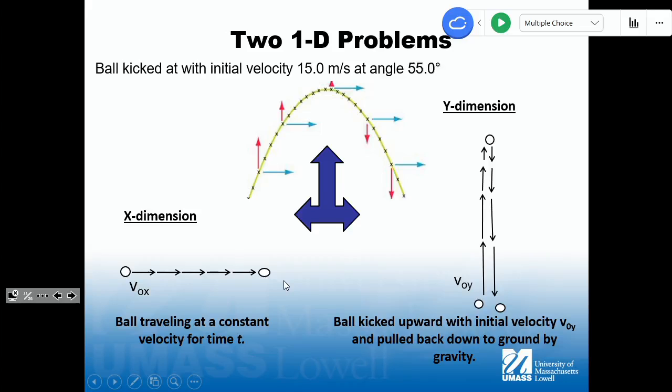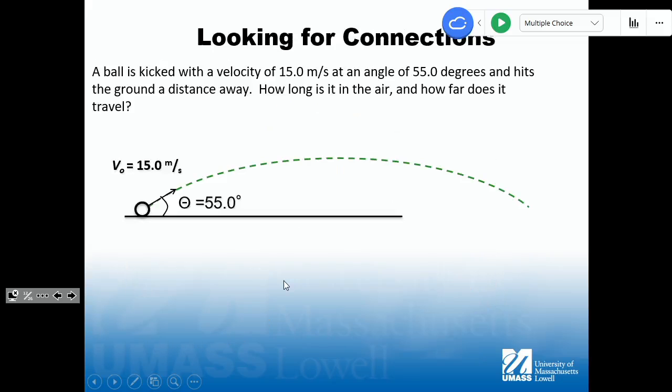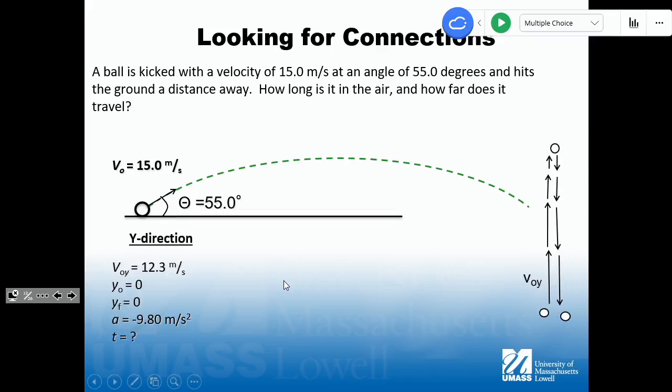And now you make a table of quantities that you know and quantities that you do not know. So in the y direction, I know my initial velocity is 12.3 meters per second, and that came from resolving the initial velocity vector. My initial component of velocity in the y direction is the y component of that initial velocity.